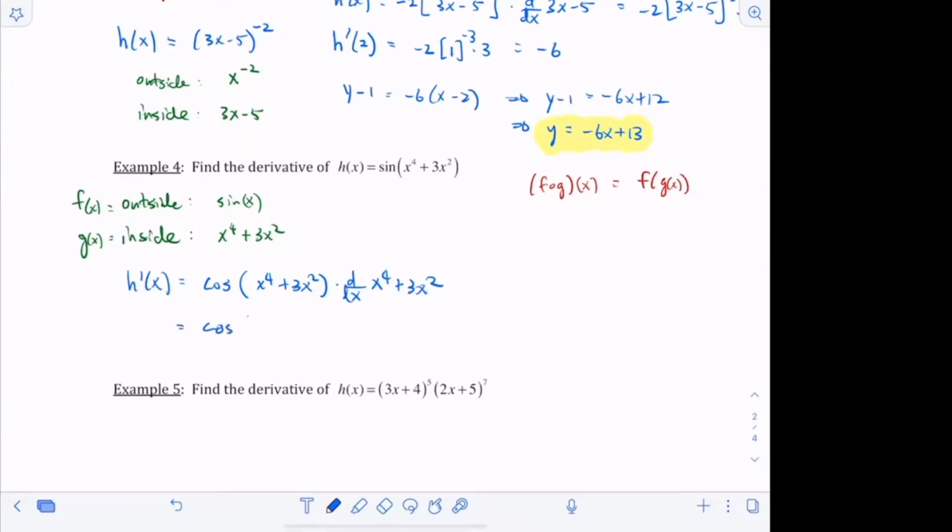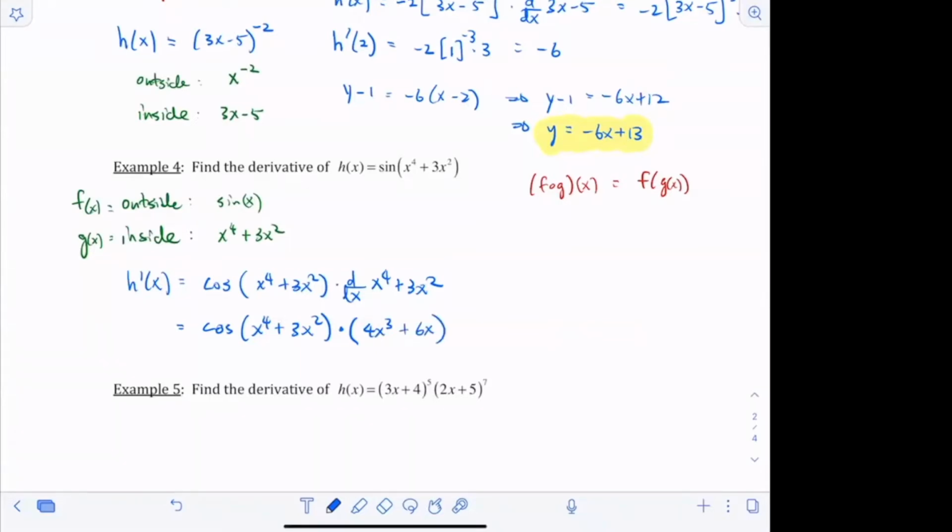It's going to be cosine of X to the 4th plus 3X squared, and then times the derivative of the inside. Make sure you put parentheses around here. I can't remember who it is that keeps forgetting to put their parentheses in, but definitely don't want to forget those. So the derivative of X to the 4th is 4X cubed, and the derivative of 3X squared is 6X.